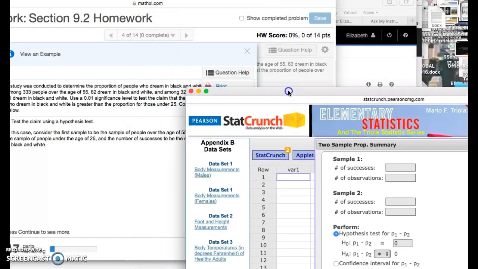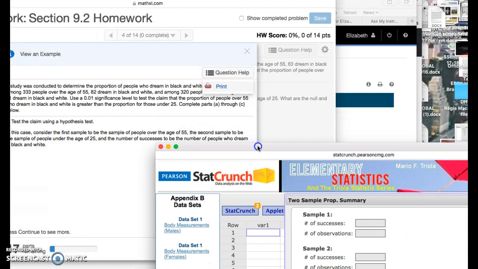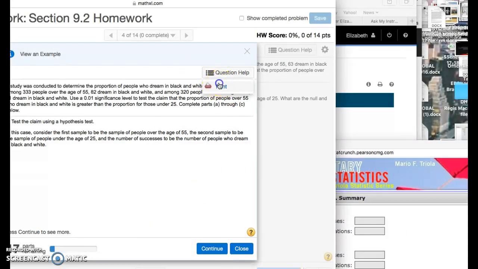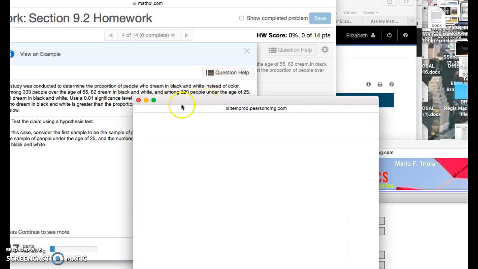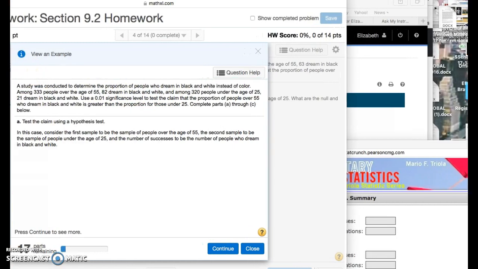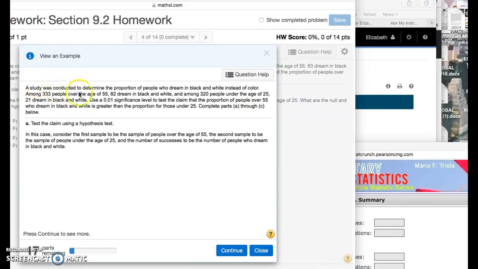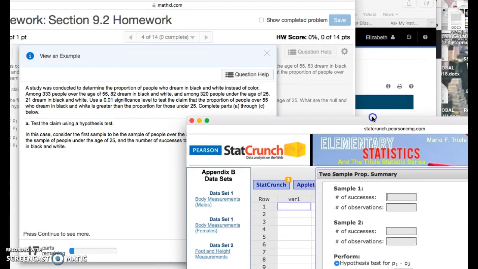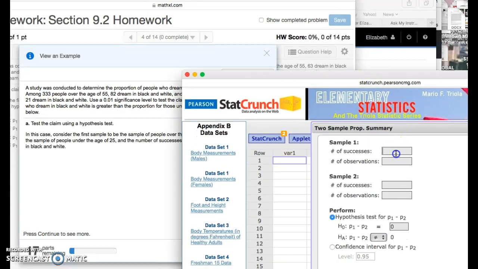Let's see. Consider the first sample: 82 dream in black and white out of 333.